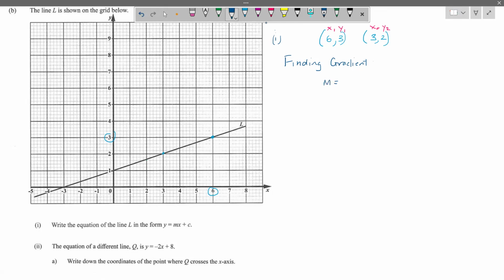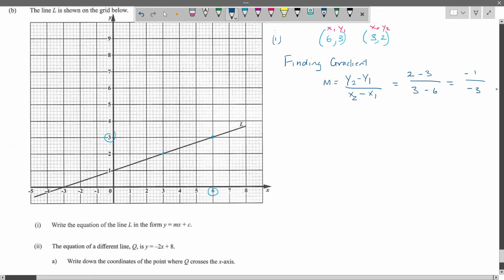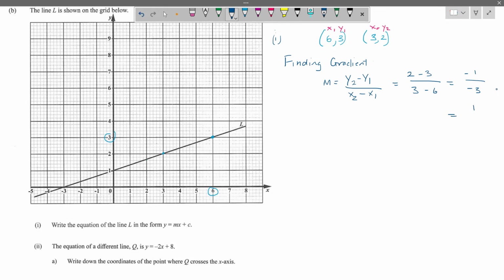So m is equal to y2 minus y1 over x2 minus x1. y2 is going to be 2, y1 is 3, x2 is 3, x1 is 6. On top, I get minus 1. Underneath, I get minus 3. That will work out to be positive 1 over 3.